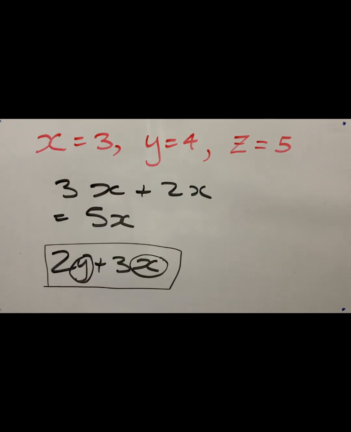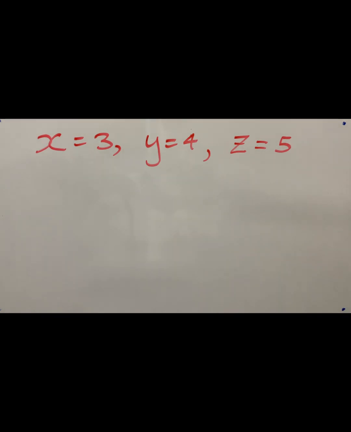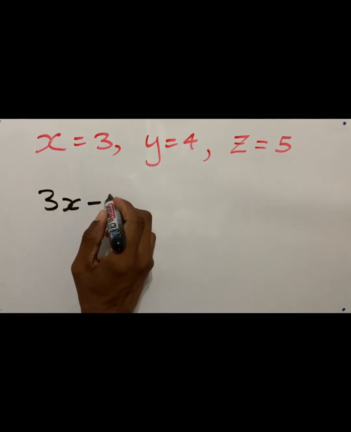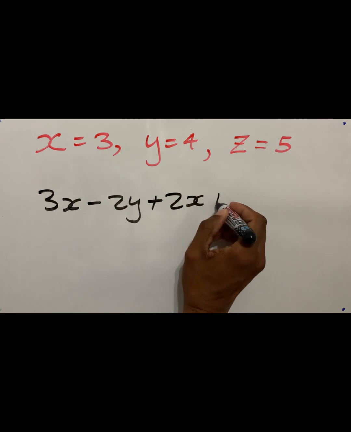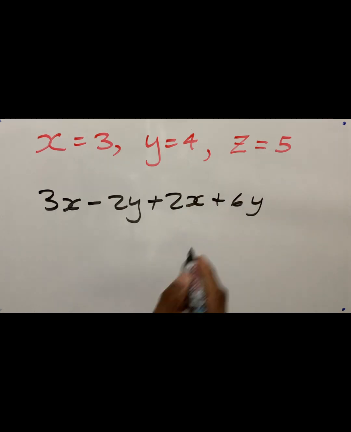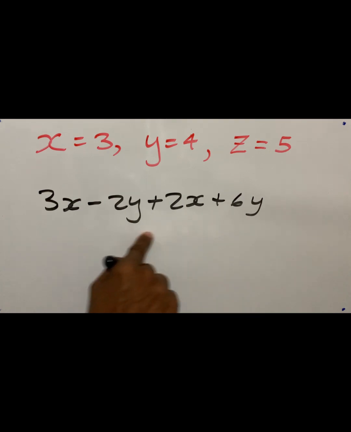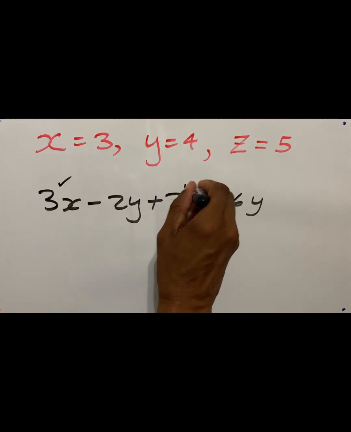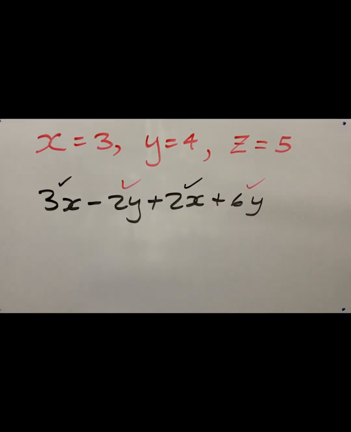What you need to do is to group like terms together whenever we're dealing with algebra. Let's look at this example where we have 3x minus 2y plus 2x plus 6y. So we have x and we have y. We group our x's together, then we group our y's together afterwards.